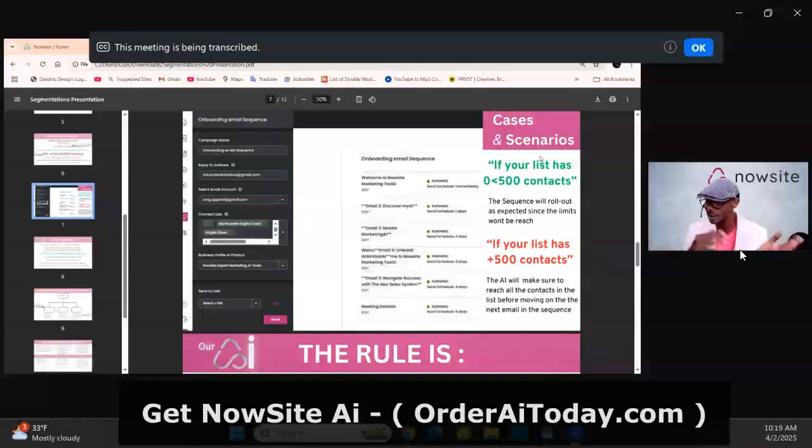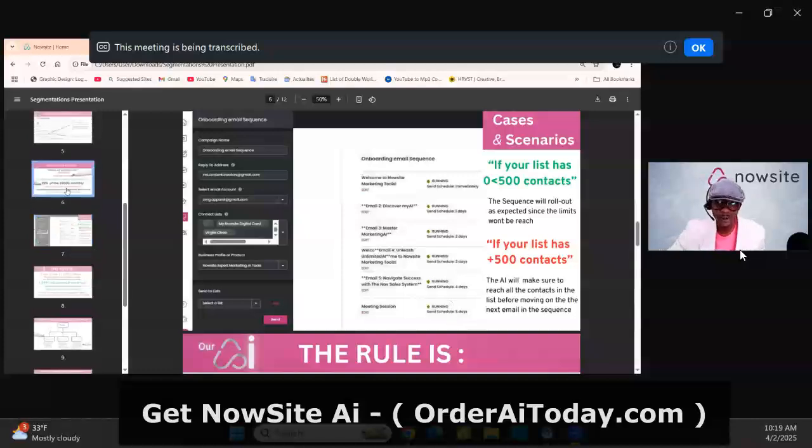It's robots talking and trying to get permission until the next cycle is open. So X number of people in a contact list divided by 500 is the number of days that you will have to factor in by default between these sequences, which again works in our advantage.